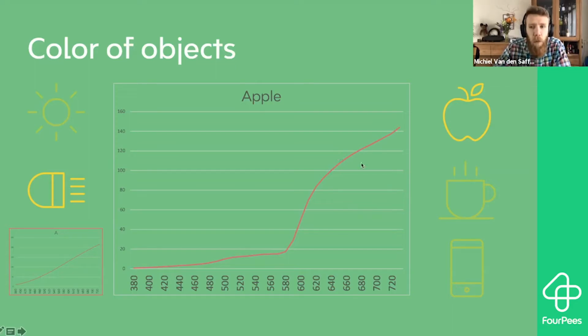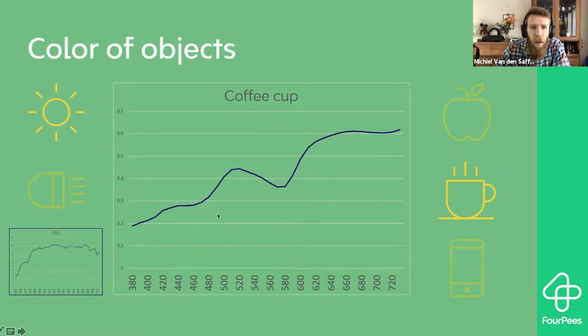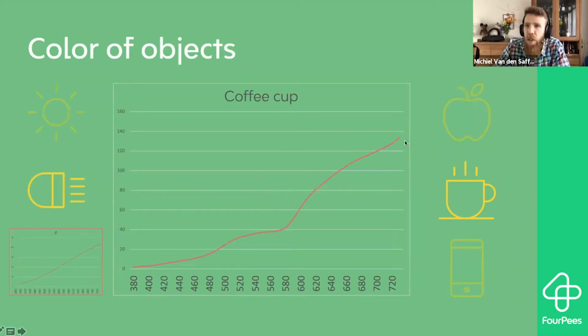Now, this is more obvious if we look at a different object. Let's go to my coffee cup. We see this curve is pretty close to the apple. So does that mean my coffee cup is now the same color as the apple? Well, with that light, yeah, it's pretty much the same color as the apple. If I change back, we see that I lose all the blue and green that was there, and it turns into orangey red.